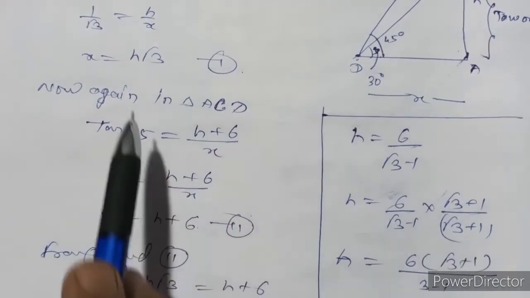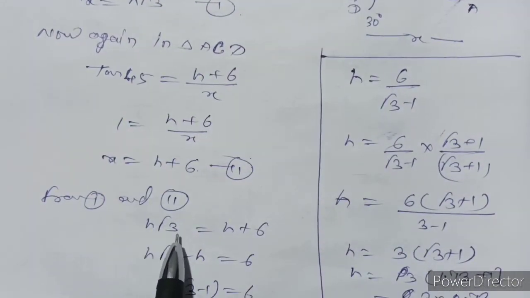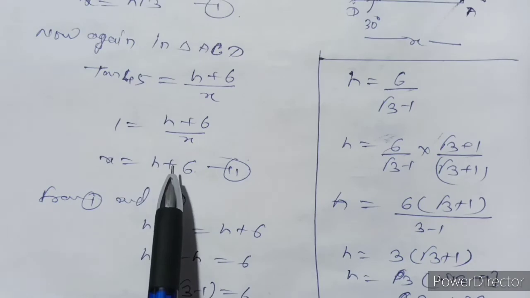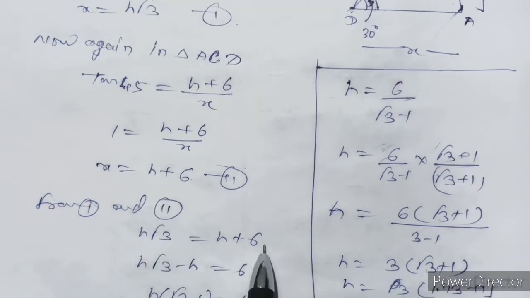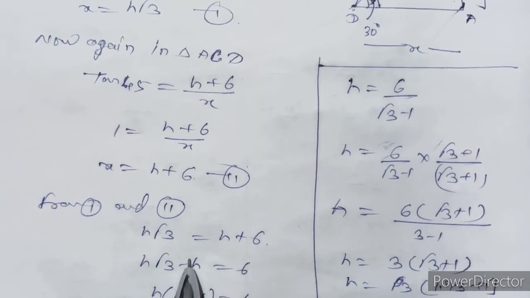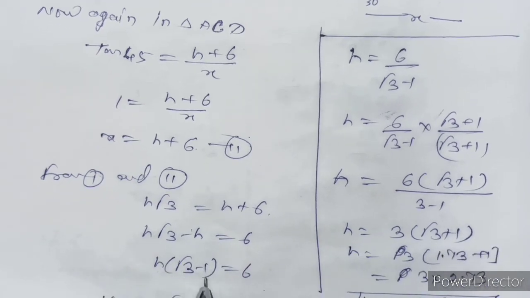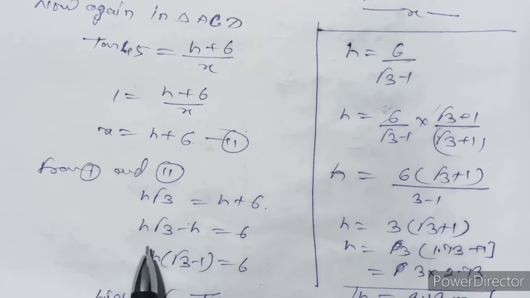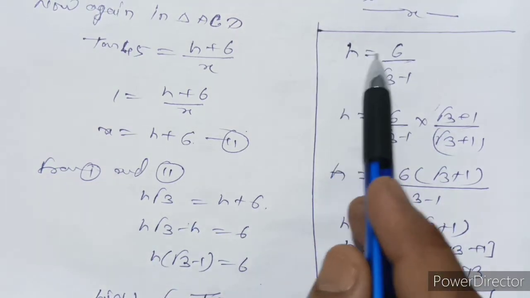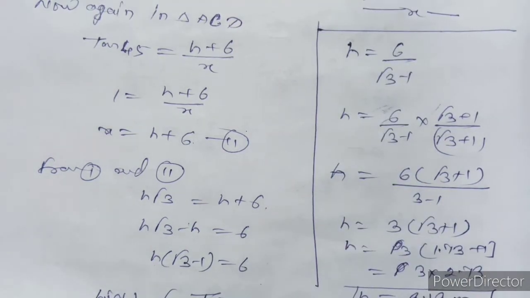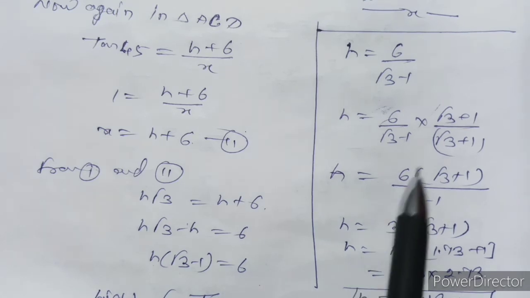Both values are x. So from the first and second, h root 3 equals h plus 6, and h is transferred to the other side. Taking it common, h times (root 3 minus 1) equals 6. Then h equals 6 upon root 3 minus 1.